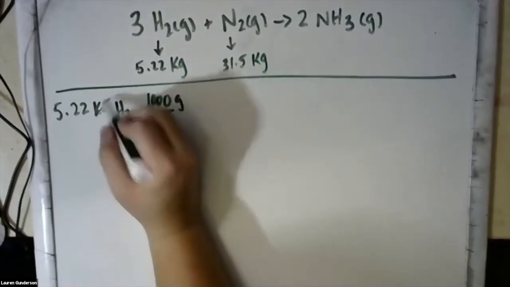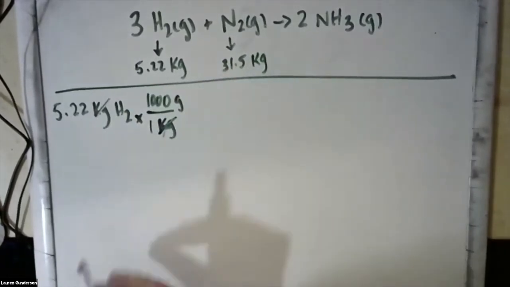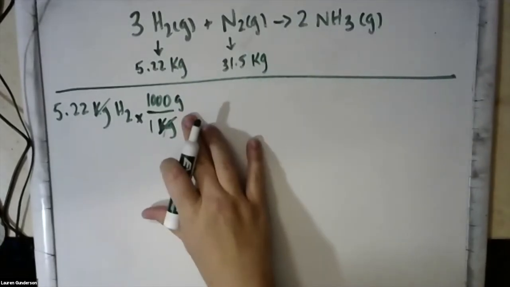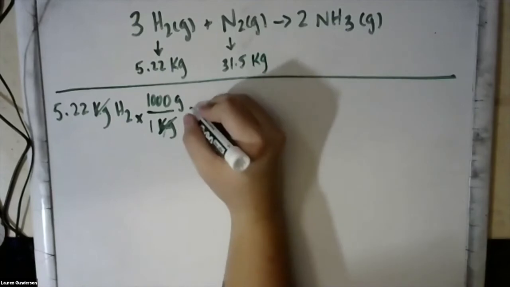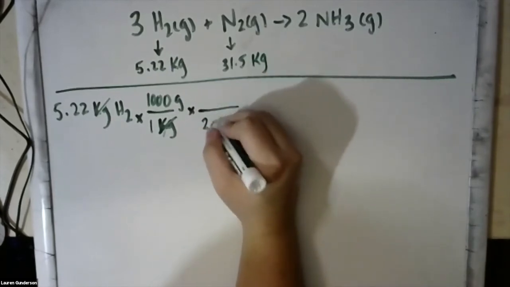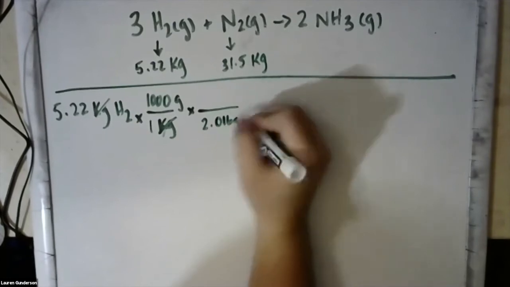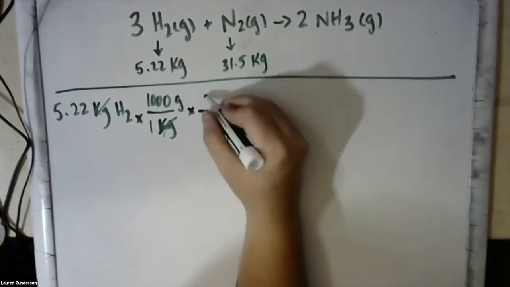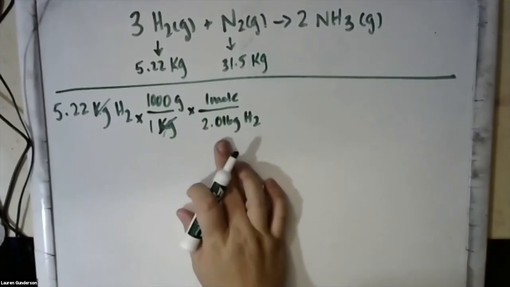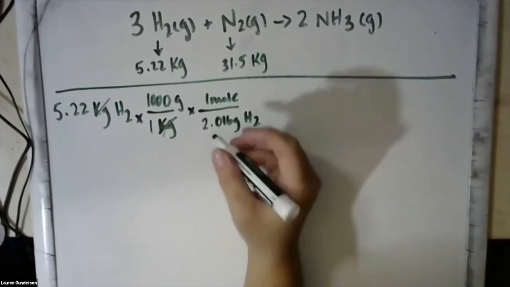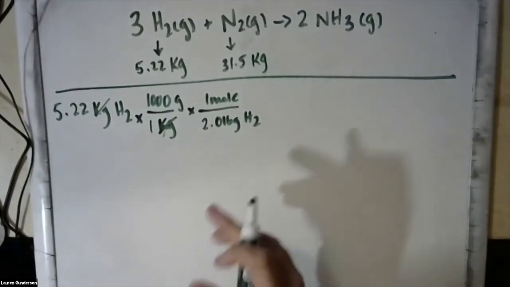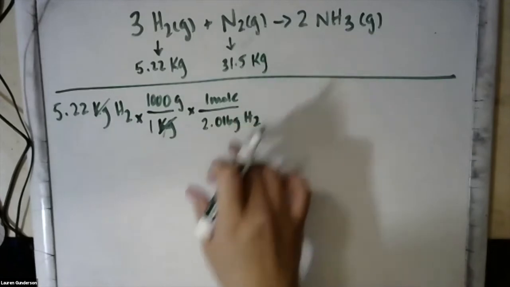With that out of the way, now we can convert our grams of hydrogen into moles of hydrogen. In this step, we would use the periodic table to calculate the molar mass. Molar mass is used whenever we're going from grams to moles or moles to grams.